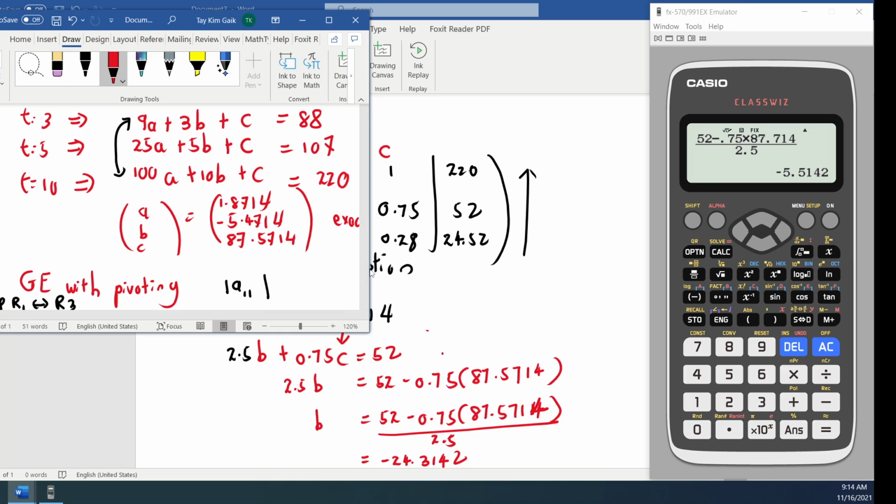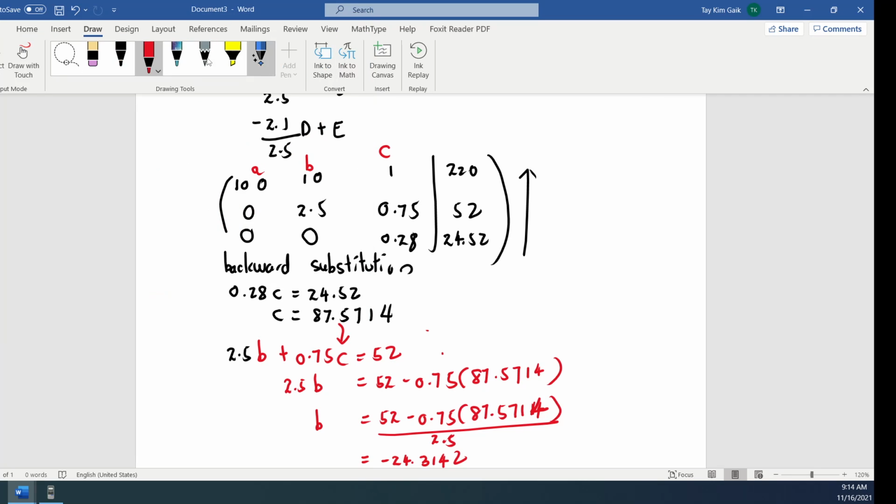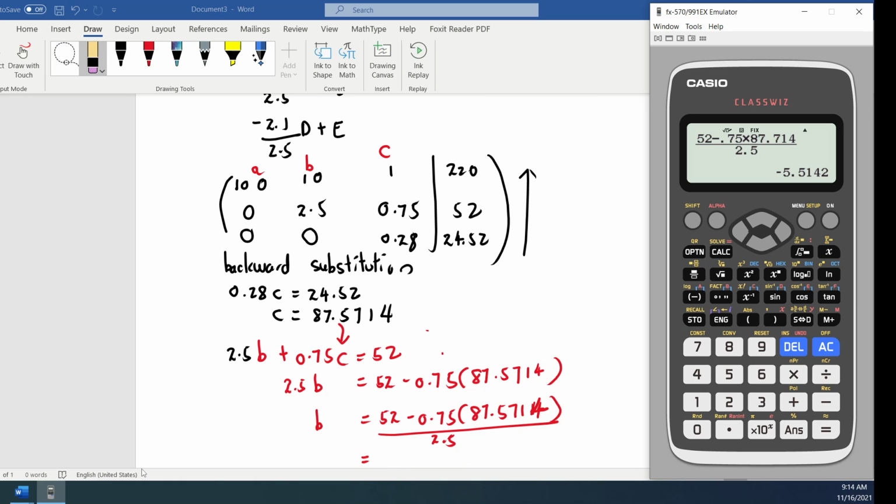Later we check if we key in this upper triangular matrix directly to your equation mode, whether we get the same as this one. So now I want to erase this.